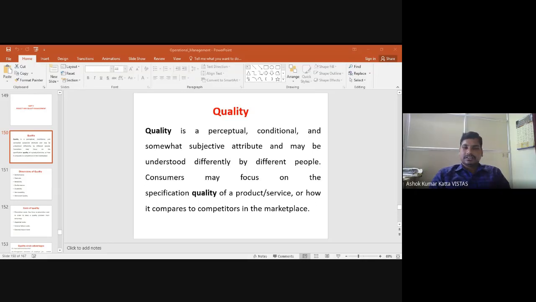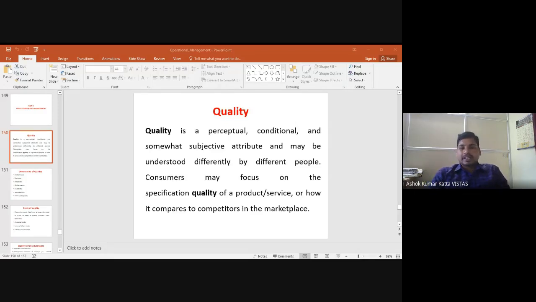Now in this slide you can find that quality is perceptual, conditional, and somewhat subjective. All these things depend on how you are thinking about the product.